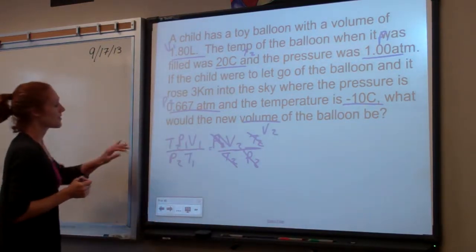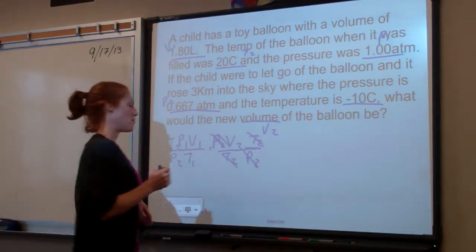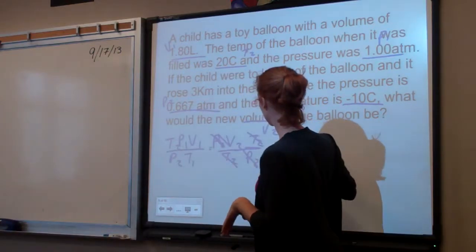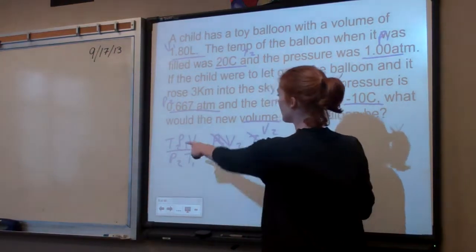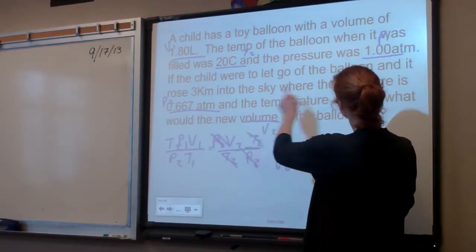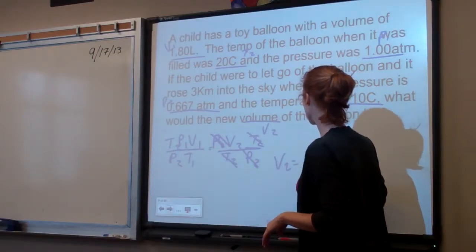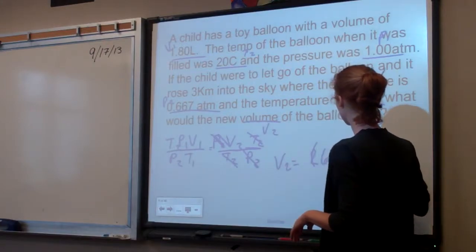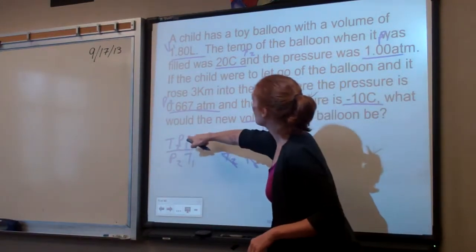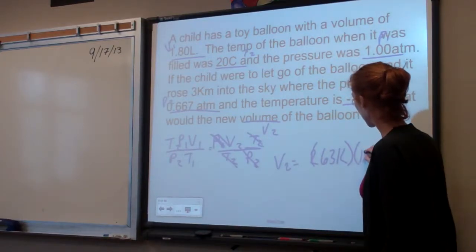Okay, so I've got these 5 variables. I just plug them in and multiply, and we'll see what we have. V2 is equal to T2, the second temperature, that's negative 10 degrees Celsius. We add 273 to get 263 Kelvin, right? Celsius plus 273 is our Kelvin. P1, that was 1 atmosphere, so 1 ATM.